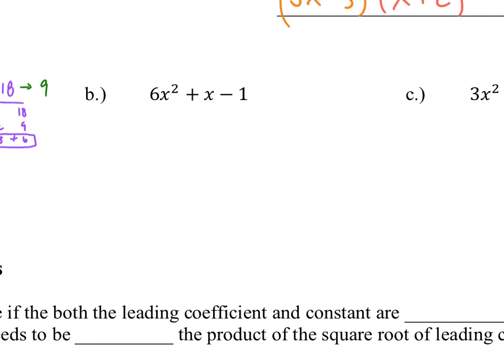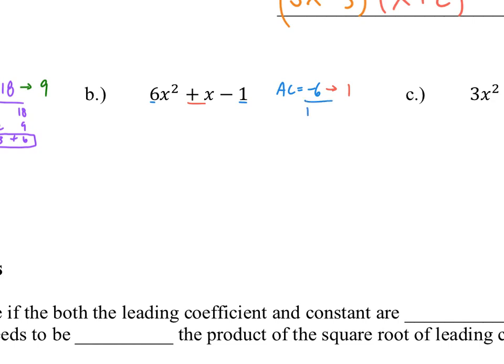Try another one. Got a trinomial. There's nothing for me to take out of all of them right now, so I always look for a GCF, but I move past it since there's not one. Take my a times my c, which is negative 6. I need negative 6 to add to 1. So what are my factors of negative 6 that add to 1?